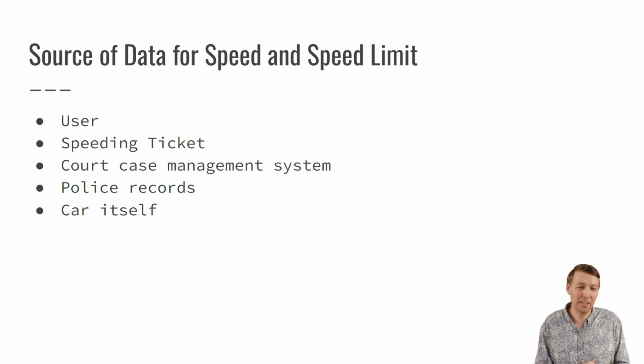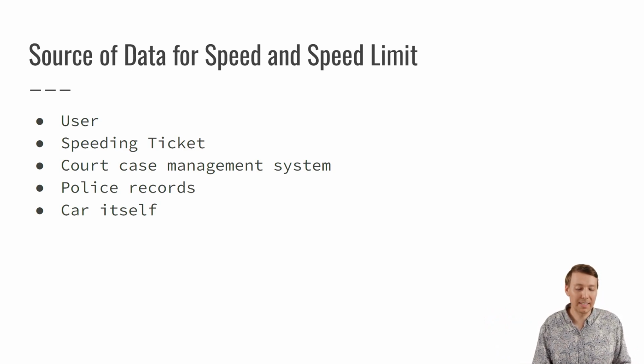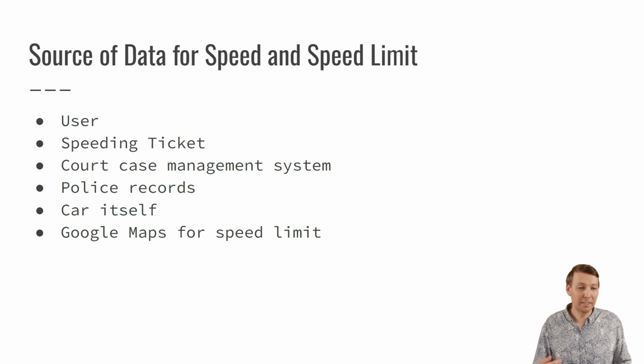You might not actually be able to get to it, but that's not where we are right now. We just want to think of all the possible sources for this data and then maybe try to narrow it down to what's technically possible to get to. Google Maps has speed limits, and so if you simply ask the user where did you get pulled over, or if that's somewhere on the speeding ticket or in the case management system, you can then use Google to identify what the speed limit was for that road.